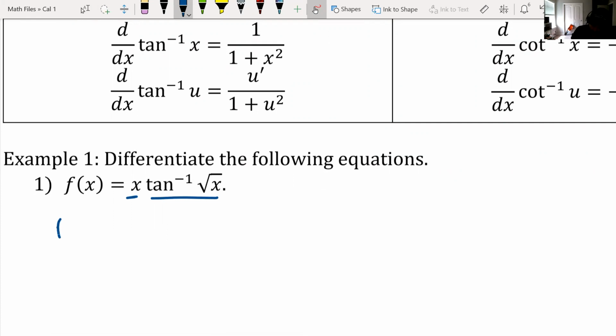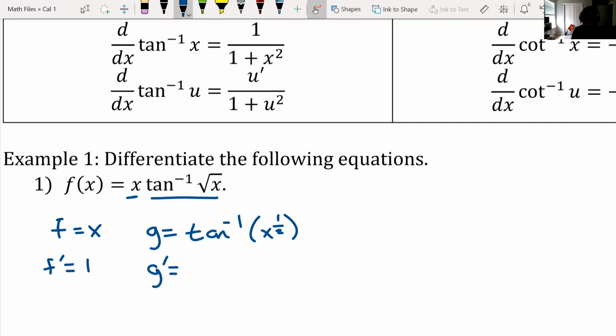So f will be x, g will be the inverse tangent of x to the 1/2. F prime is going to be 1. G prime is going to use the chain rule derivative for tangent, which is right above us.